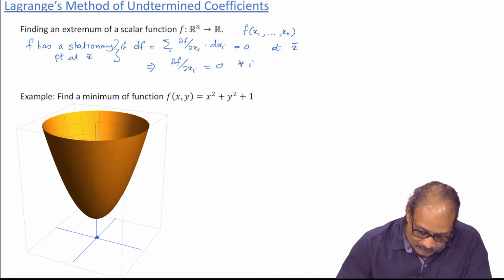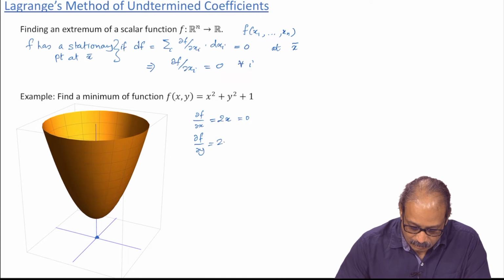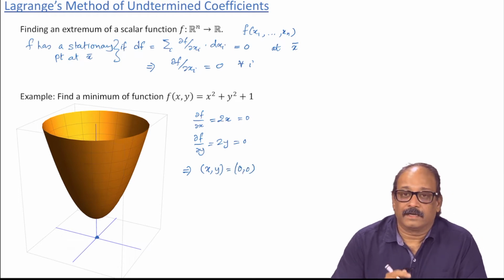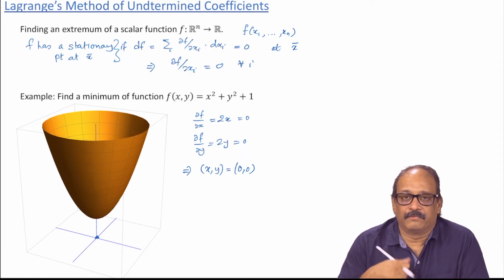So, if I calculate the partial derivative of f with respect to x, that would give me 2x, this must be equal to 0, and the partial derivative with respect to y also must be 0, and this gives me the point where the function has minimum, and the minimum value of the function here would be 1.